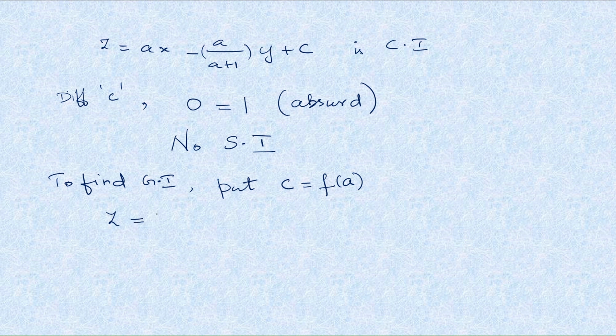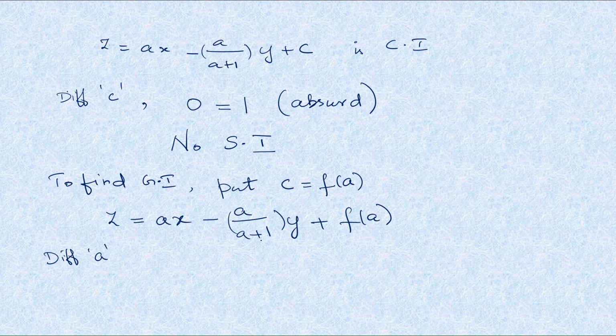So that gives you z equal to ax minus a divided by a plus 1 into y plus f of a. So how to obtain the general integral is, first we have to differentiate this partially with respect to a, that is the only constant available here. So this gives you 0, which is equal to, here it will become x.